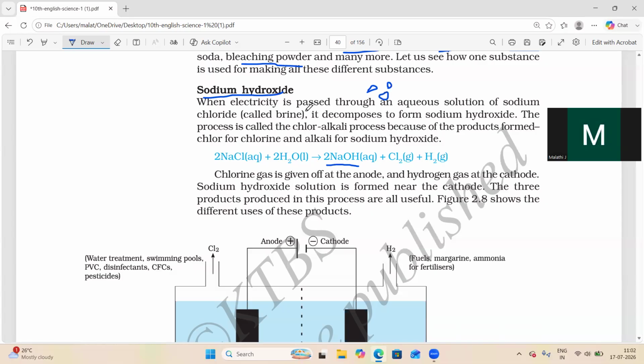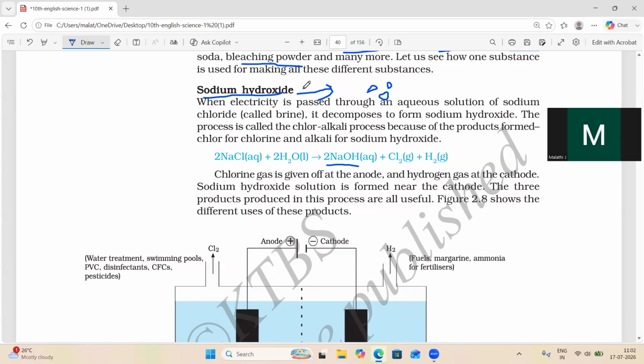We cannot touch these sodium hydroxide pellets with bare hands, as we will get a burning sensation. Sodium hydroxide is also known as caustic soda. We will call this one caustic soda.